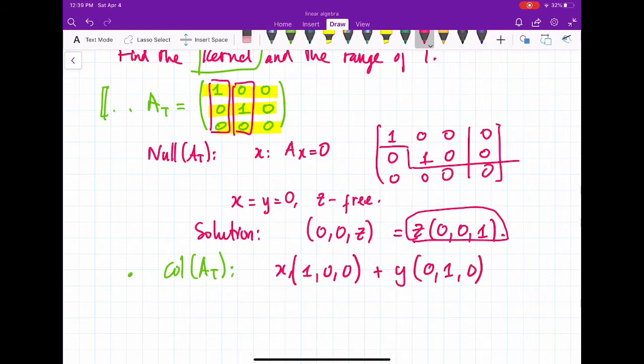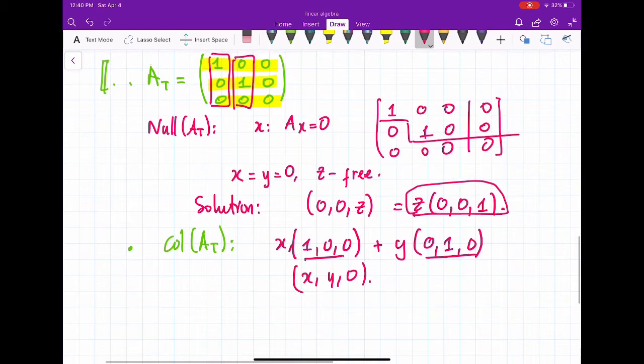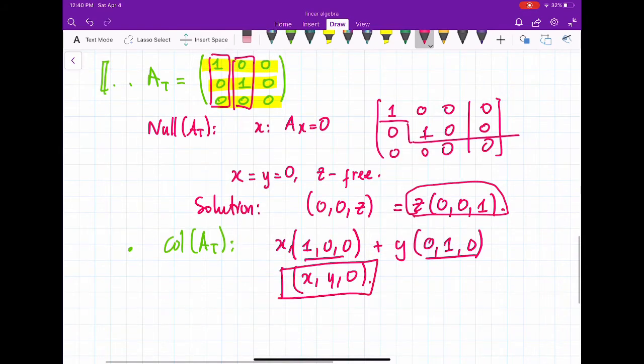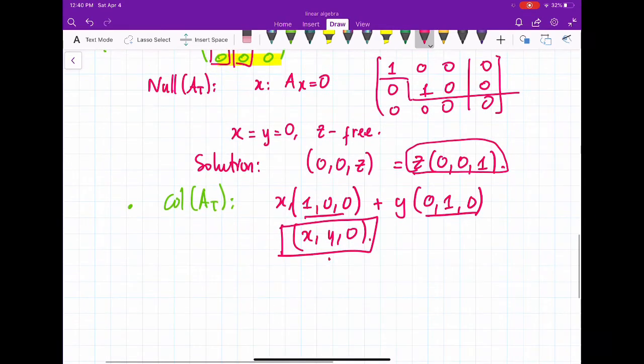That is the column space, because these two vectors are already linearly independent. So basically that is (x, y, 0). Make sense? That is the range of T. So basically that is the whole xy plane.